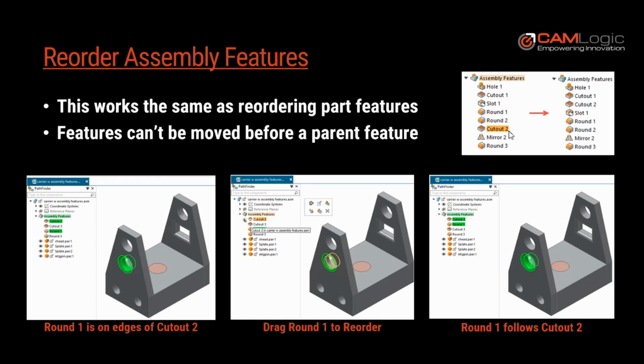So if you have a protrusion or an extrusion that has a hole in it, you can't move the hole above that because you have to have something there to put a hole through. So just another useful change that can help reorganize or change the order of operations for your assembly features, and can help get the results you're looking for.